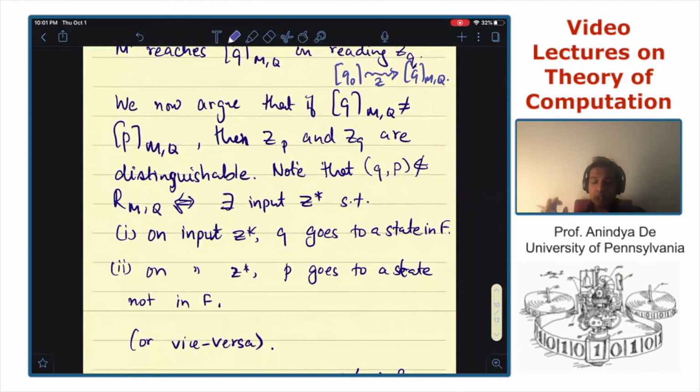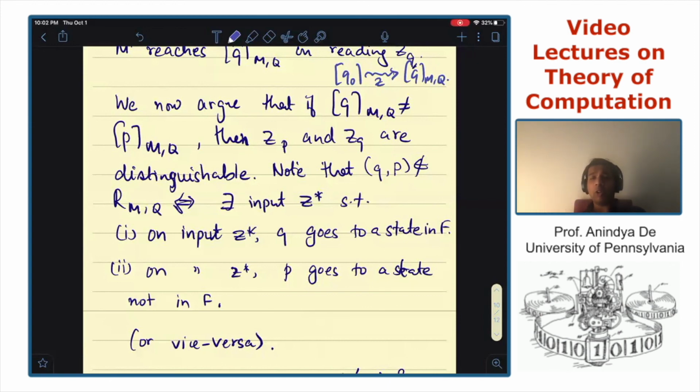Well, note that Q and P are in different equivalence classes with respect to R_M. What does that mean? That means that there is an input Z star such that if you start from Q and read this input Z star, you go to an accepting state, and if you start from P and read the input Z star, you go to a state not in F, or vice versa.